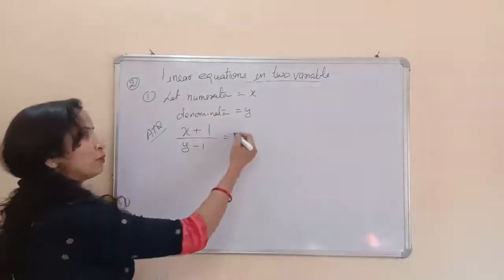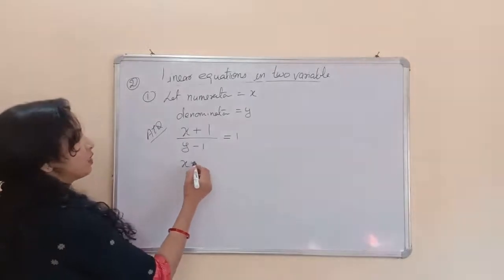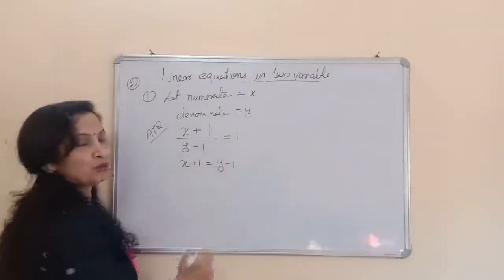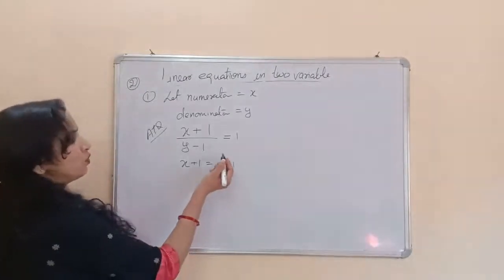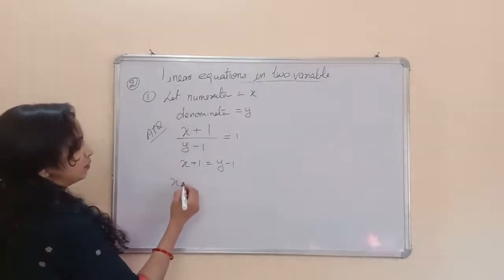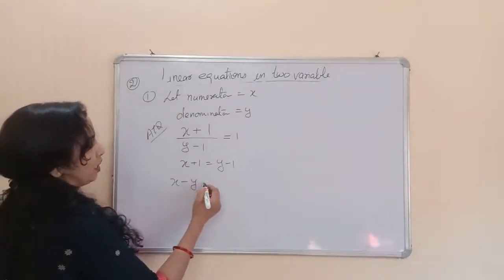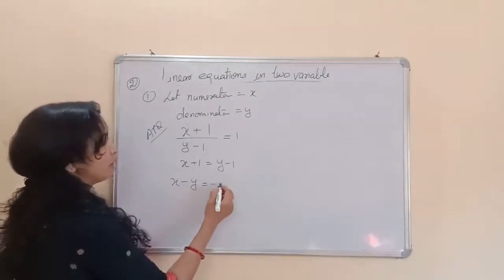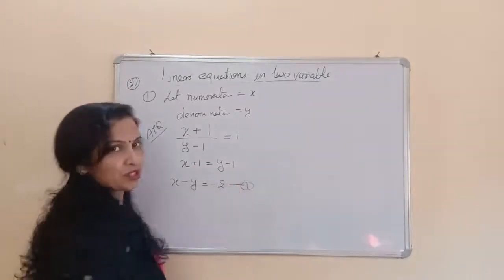By the cross multiplication method, x plus 1 is equal to 1 multiplied with y minus 1, that is equal to y minus 1. Now we can place this y here on the LHS by changing its sign, and 1 towards the RHS by changing its sign, it will become x minus y is equal to minus 2. So this is the equation first.